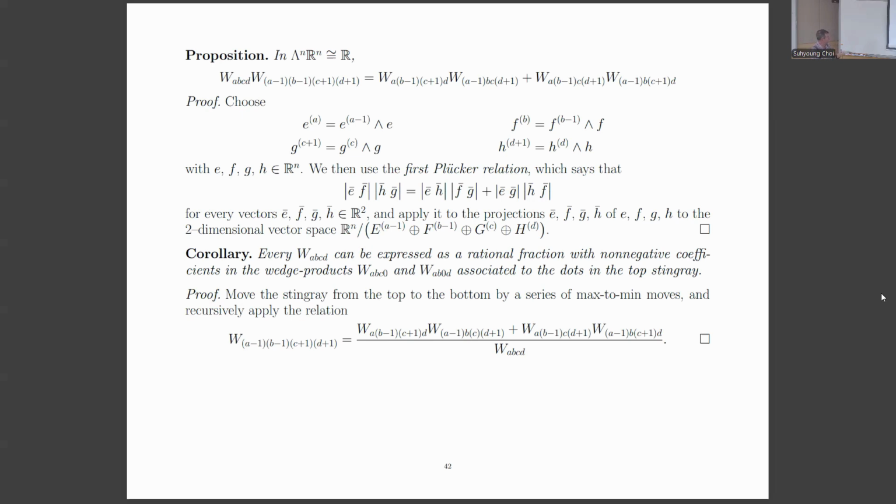The upshot of this is that these E_{A-1}, F_{B-1}, G_C and H_D, you see them everywhere. So they are just like spectators. They watch what's happening, but they don't play any role. So in practice, what that means is that you work in the quotient space R^n, where you divide by E_{A-1}, F_{B-1}, G_C, and H_D.